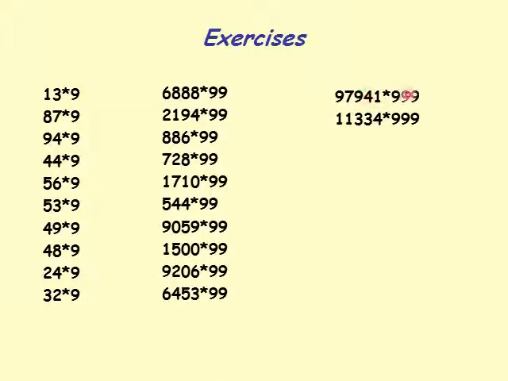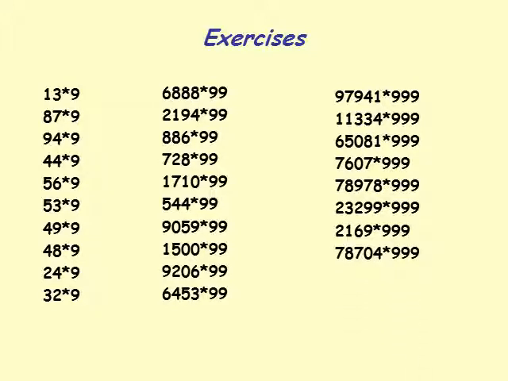And a few examples for multiplication by 999: 97941 times 999, and some more. You can do one or two of these as you feel comfortable. We will wait and start over after you are done. Okay, let's continue.